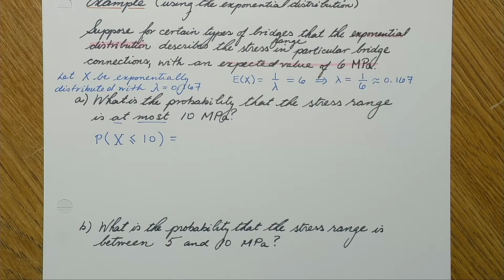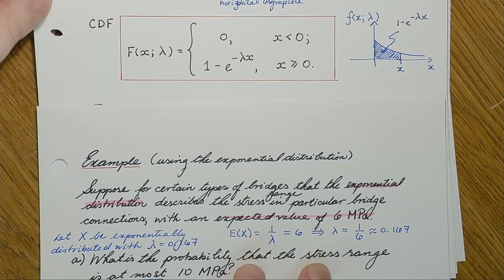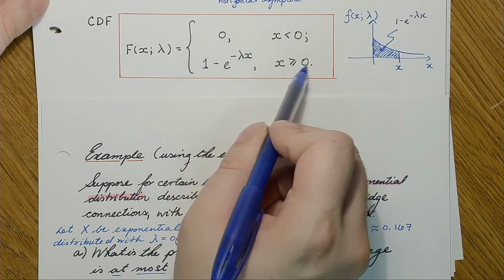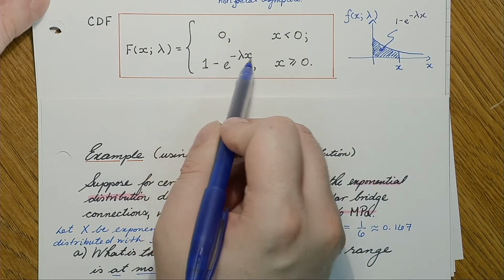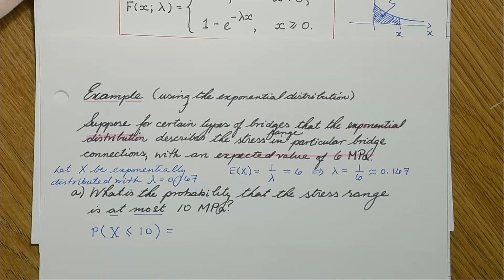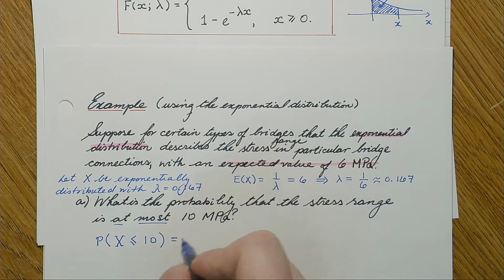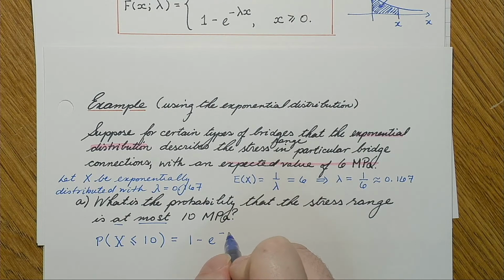Then we go back to what our CDF is, which, for x greater than or equal to 0, is 1 minus e to the minus lambda x. So I have 1 minus e to the minus 0.167 times 10.